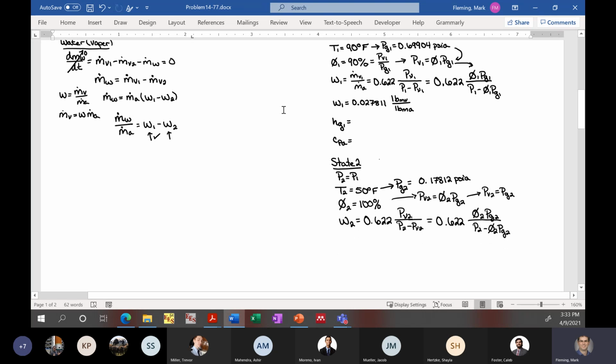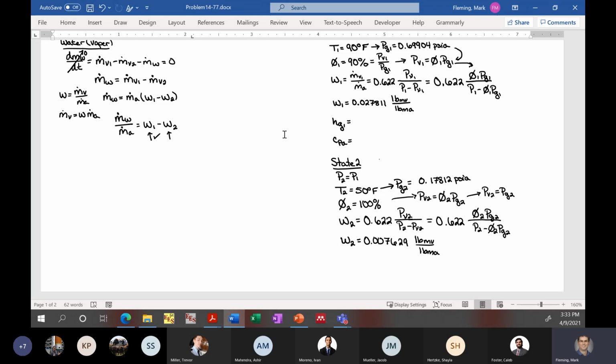Once we get that value, this becomes a plug and chug problem. So the humidity ratio at state 2 is going to equal 0.007629. The units are pound mass of vapor divided by pound mass of dry air.